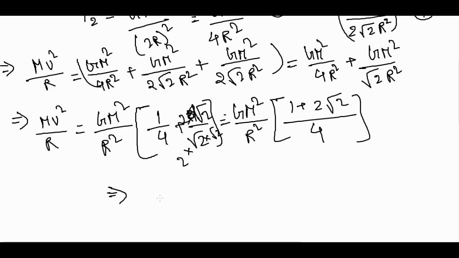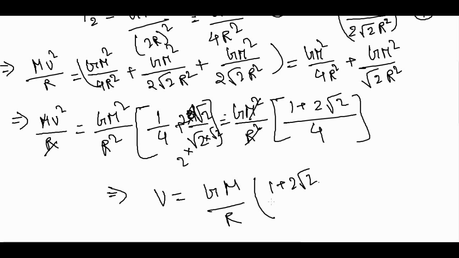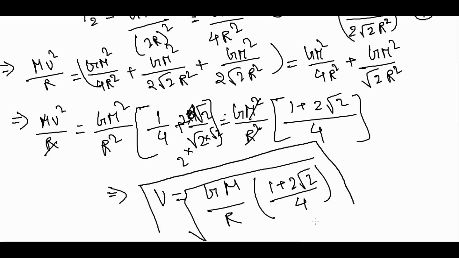So this ends up being v is equal to, I will strike off this r, I will strike off an m, so G m by r times 1 plus 2 root 2 by 4. This is the velocity of the particle.